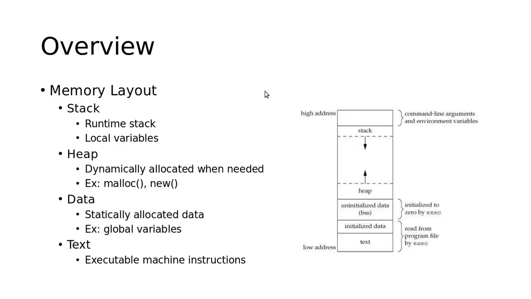So here are some more elaborate meanings. The stack is runtime memory allocated for local variables, and the heap is dynamically allocated when needed, like malloc and new. The data segment holds statically allocated data with global variables, and text holds executable instructions.